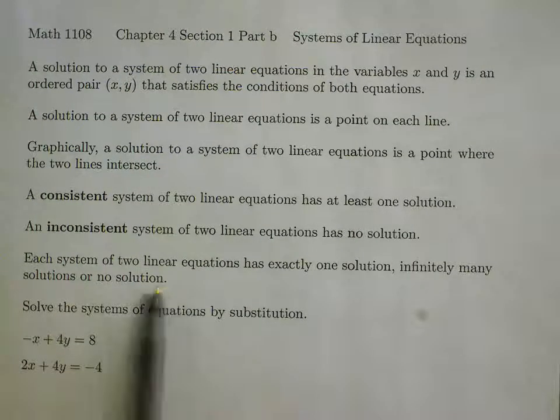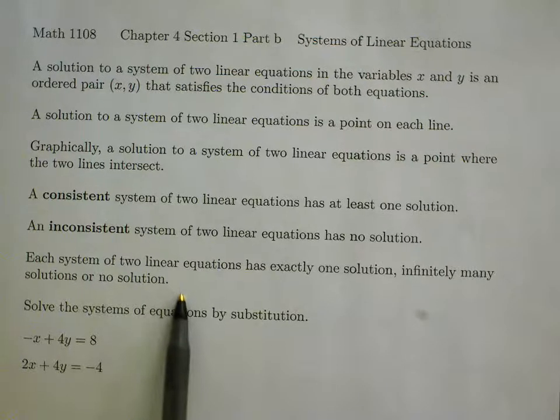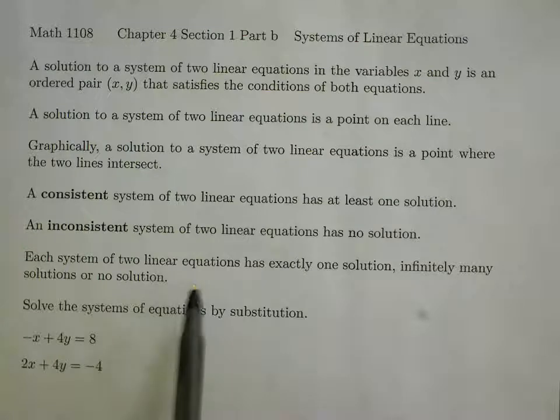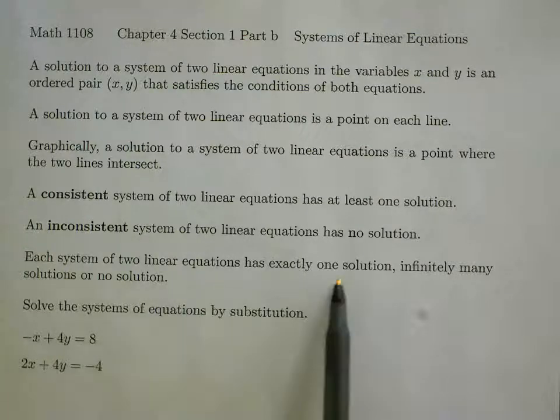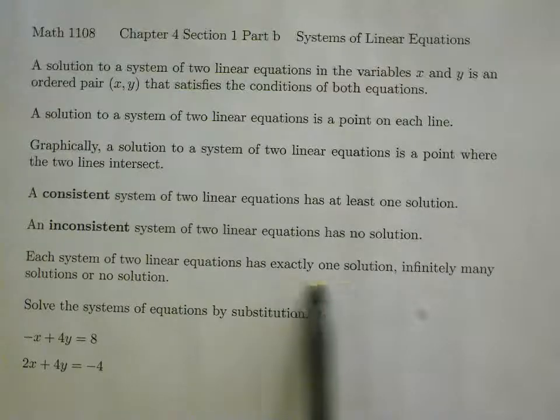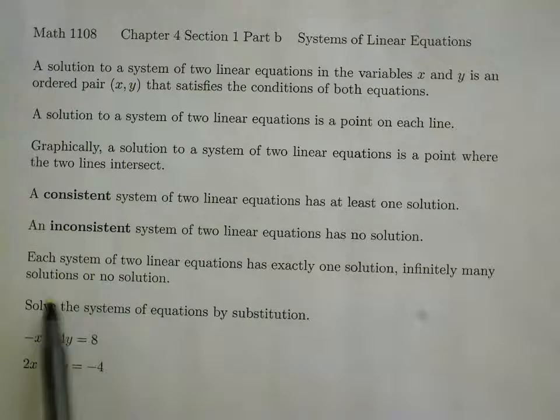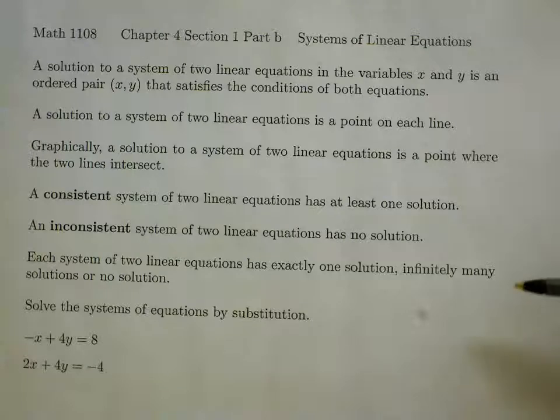Remember this statement: if you have a system of 2 linear equations, then 1 out of 3 things will occur. There will be exactly one solution, or infinitely many solutions, or no solution. One of those three things has to occur.